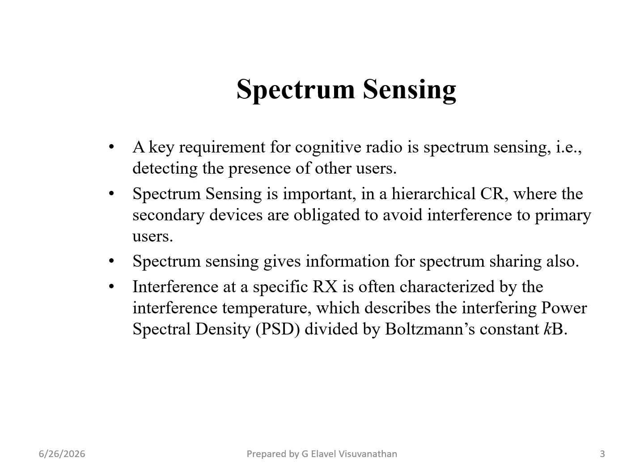Second, spectrum sensing is important in a hierarchical CR, that is, hierarchical cognitive radio, where the secondary devices are obligated to avoid interference to the primary user. Hierarchy means we have the primary user and then the secondary user.